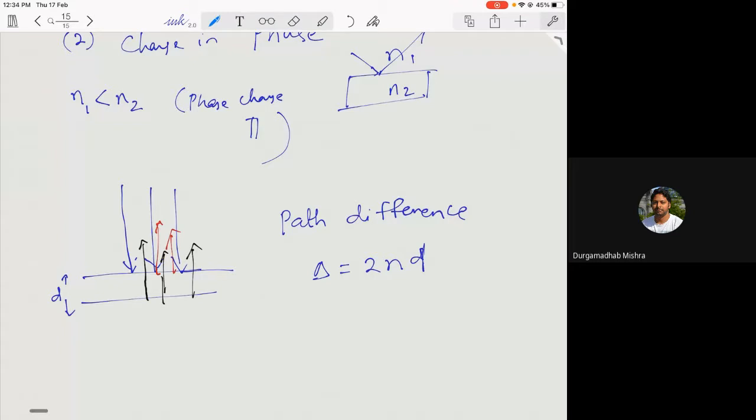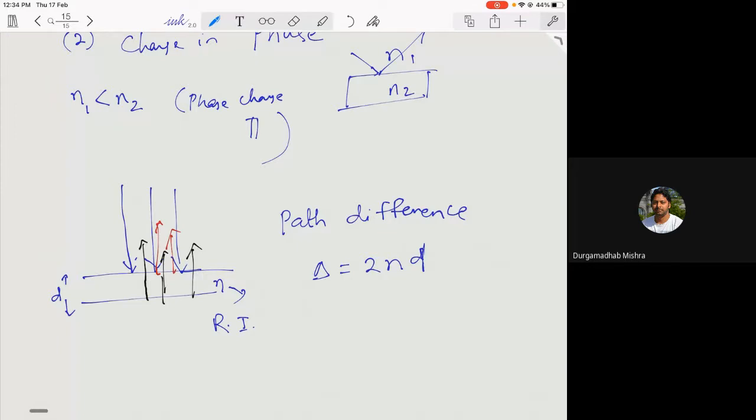The blue one will travel twice n of d, where n is your refractive index. This is the extra path length the black light will travel, and then it will come out from your thin film medium. So this is the path difference.